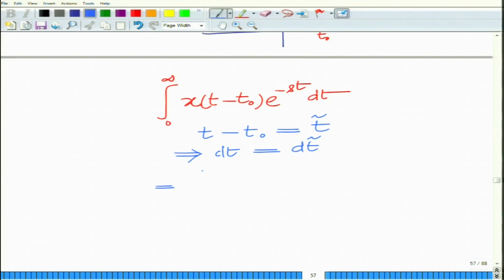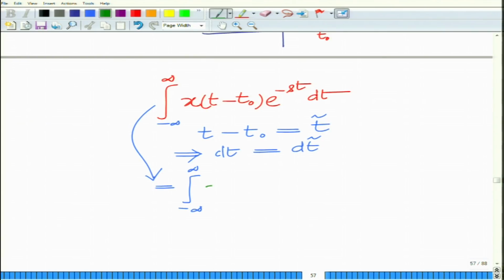This integral is from minus infinity to infinity, so this will also be from minus infinity to infinity.